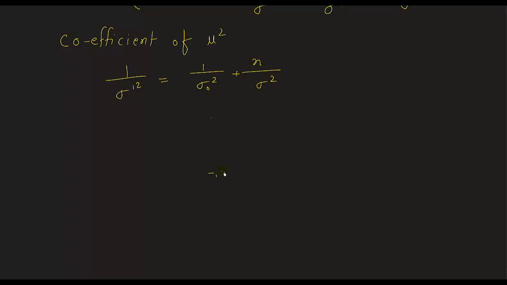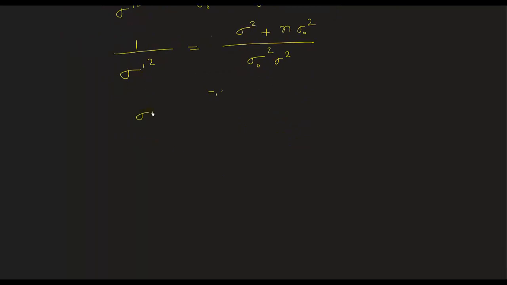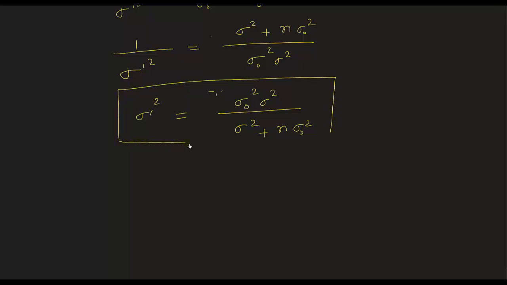Or I can write 1 by sigma dash square equals, taking the LCM here, sigma square plus n times sigma naught square over sigma square sigma naught square. So we can write sigma dash whole square equals sigma square sigma naught square divided by sigma square plus n times sigma naught square. So now basically we have calculated the standard deviation for the posterior distribution.